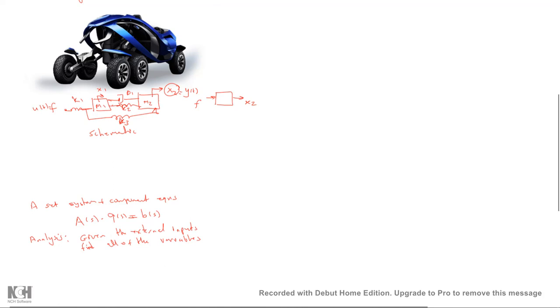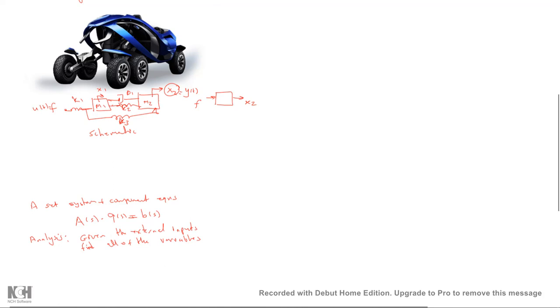If this is a mechanical system, we can take such as positions, velocities, forces in each component, in each element, if they can be found, if we know how much force is applied to the system. What we have done, we analyzed the system. Now we know everything that needs to be known about the components at that particular input given to the system.